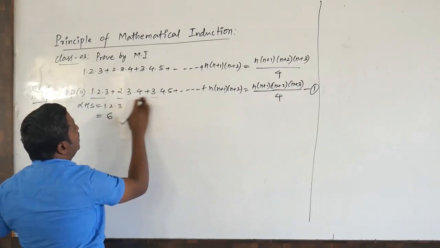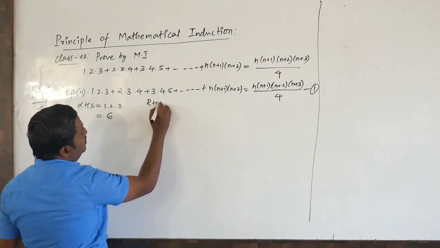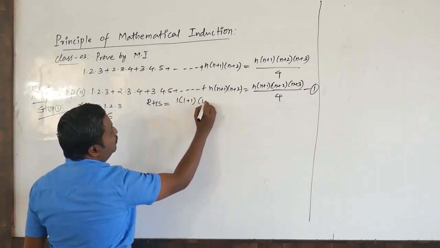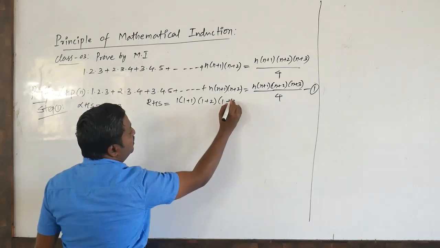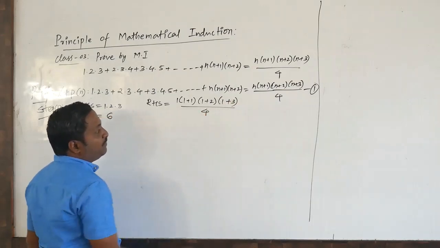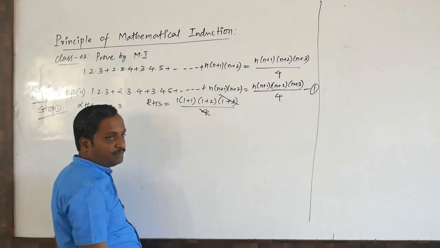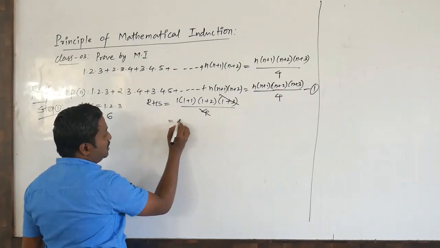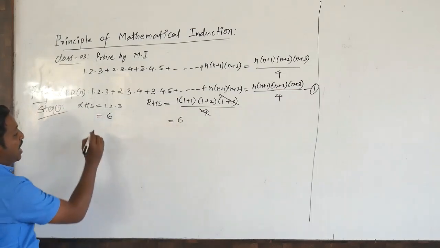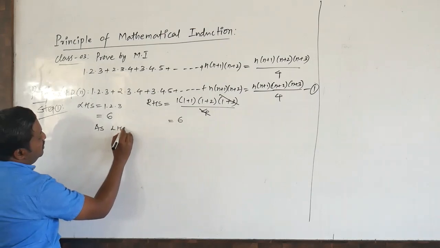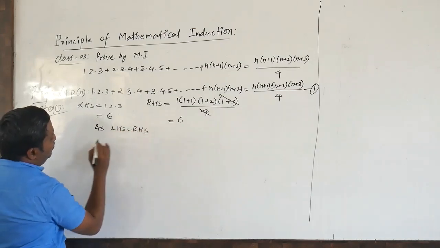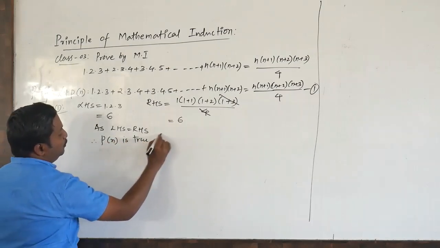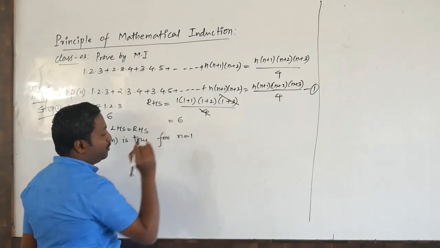Now take RHS and substitute n equal to 1. 1 into 1 plus 1 into 1 plus 2 into 1 plus 3 by 4. 1 plus 3 is 4, the 4s cancel, leaving 1 into 2 into 3, which is 6. It is the same as LHS, so we can conclude LHS is equal to RHS. Therefore P of n is true for n equal to 1.